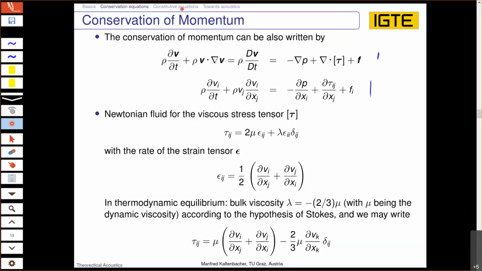Okay, so in this sense, we can now write explicitly our conservation of momentum with all this information.